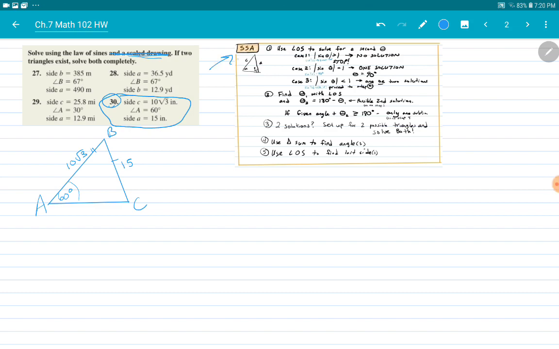So that gives us these steps. The first step to solve this is to use the law of sines to solve for a second angle.